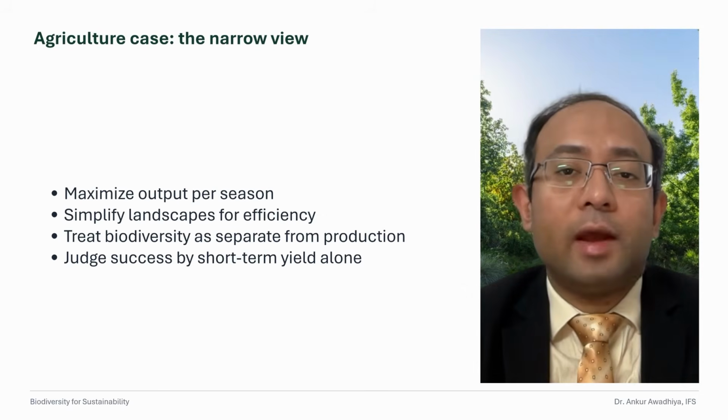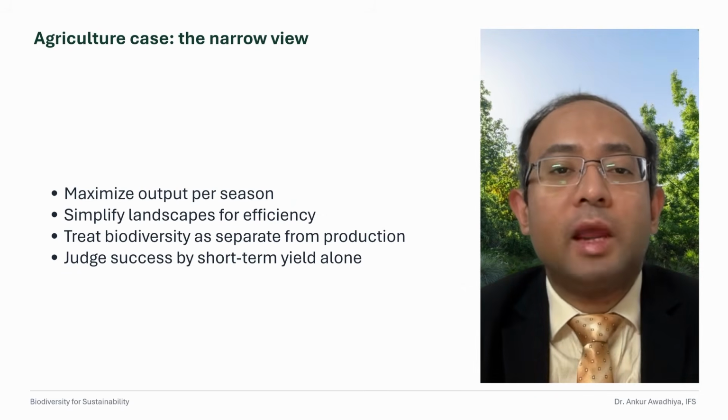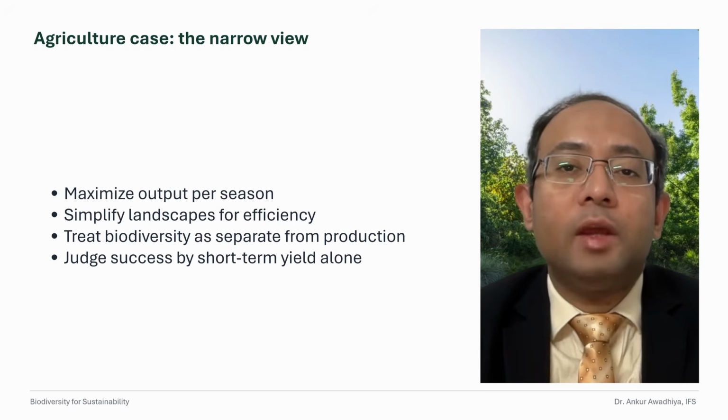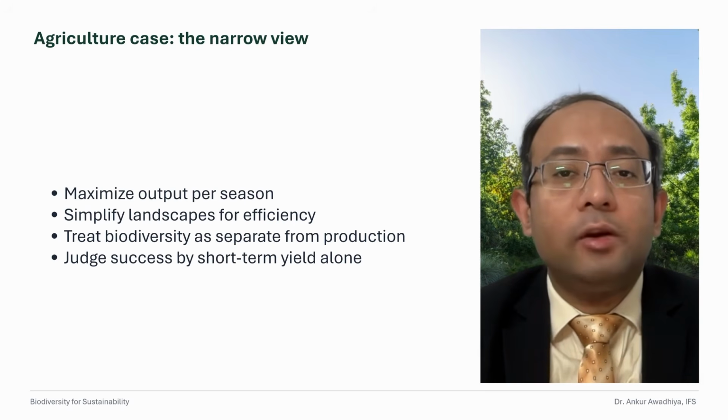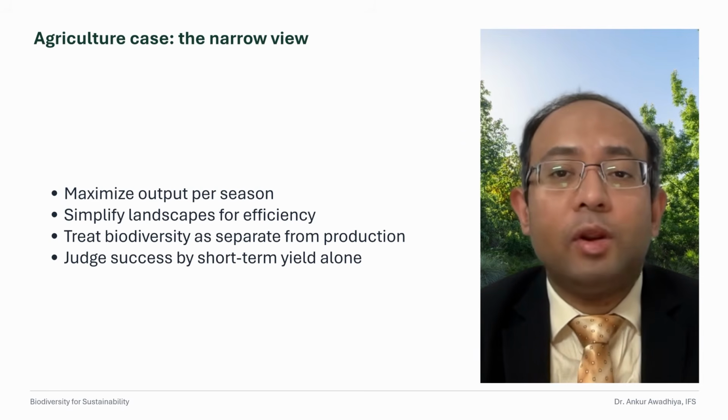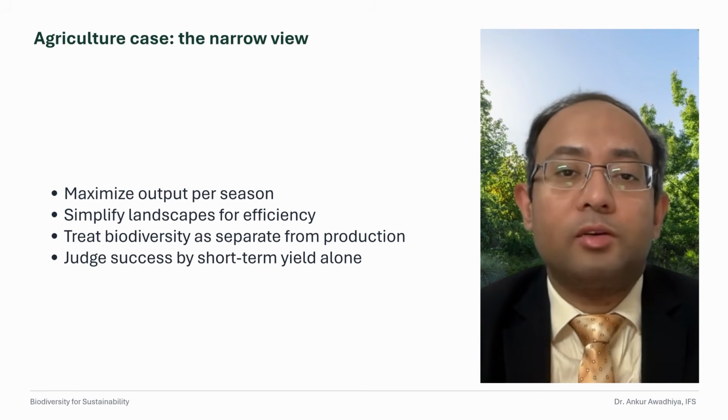The narrow view of agriculture focuses almost entirely on maximizing the seasonal output. It simplifies landscapes by removing non-crop habitat, reduces diversity for efficiency purposes, and treats biodiversity as separate from production.